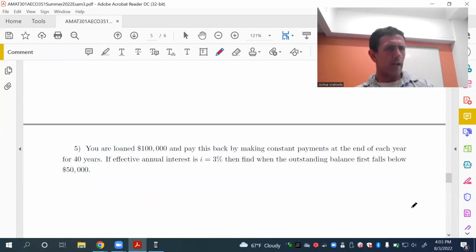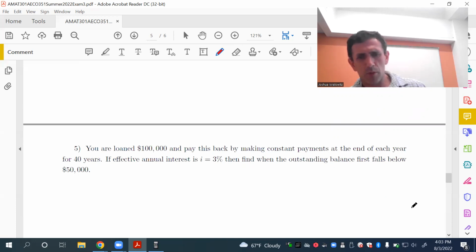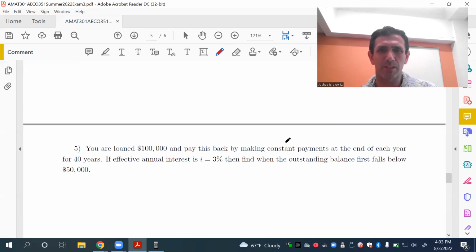All right, so now we have constant payments. So some people use the formula for when you pay off your loan, where each payment is a percentage of your interest. Doesn't make sense because we're just making constant payments here. All right, so let's first figure out what the payments are.